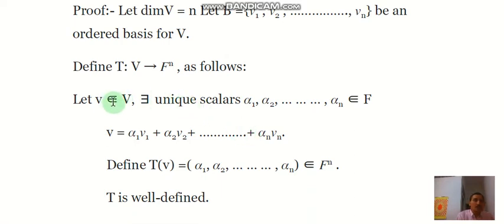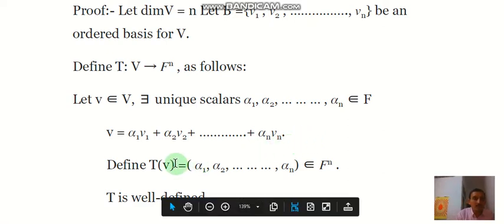Let v belong to V, and then there exist unique scalars alpha 1, alpha 2, and so on up to alpha n belonging to F, such that v equals alpha 1 v1 plus alpha 2 v2 plus ... plus alpha n vn. So now we define the image of v: T(v) equals (alpha 1, alpha 2, ..., alpha n) belonging to Fn.